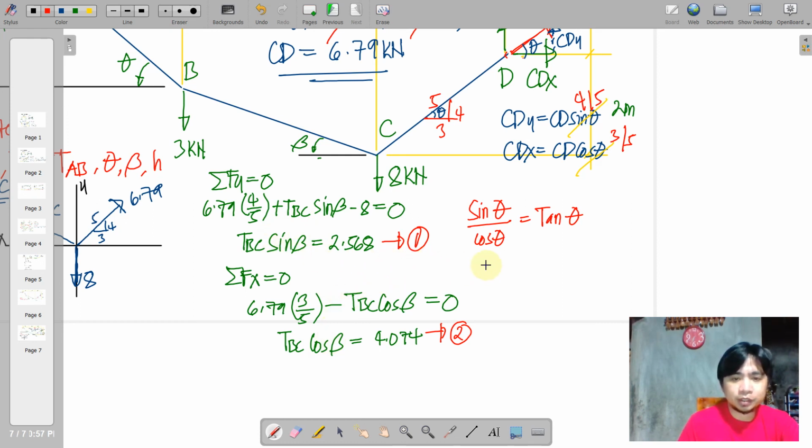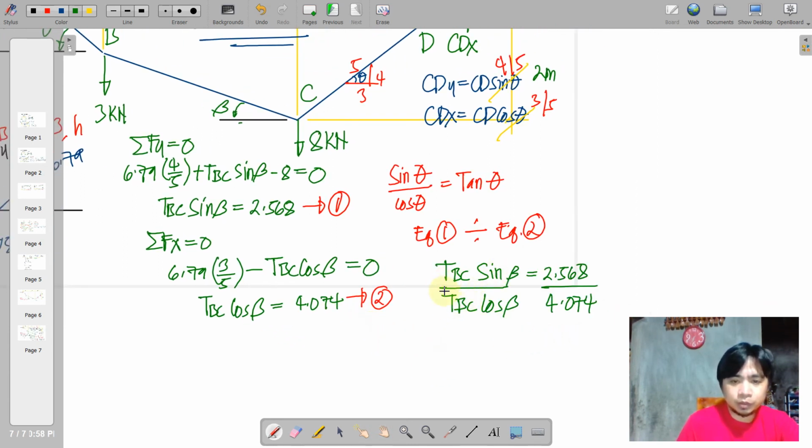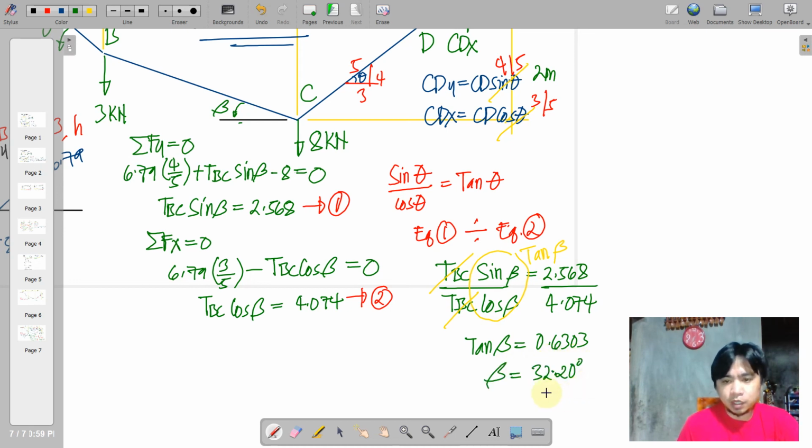So therefore, we'll just have to divide equation 1 by equation 2. So doing that, TBC here is cancelled, and this identity is actually tangent. So we'll come up with an equation of tangent beta is equal to 0.630, and our angle is 32.2 degrees.